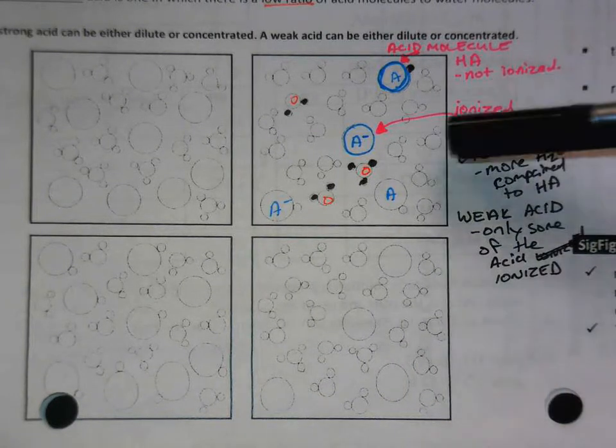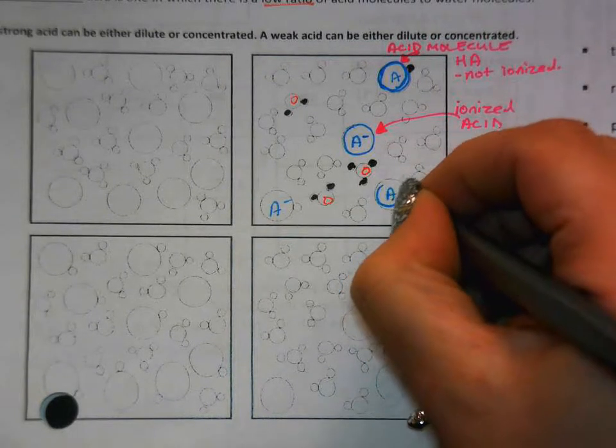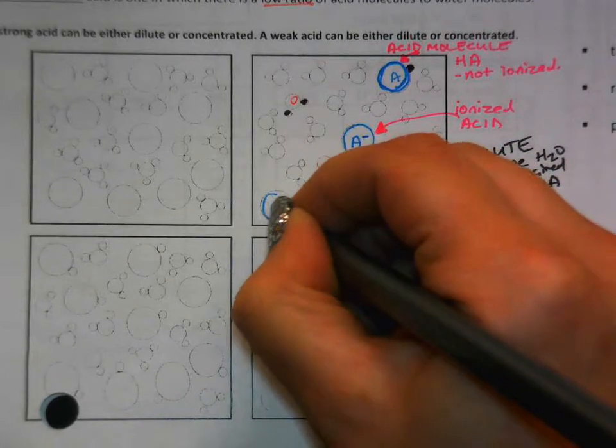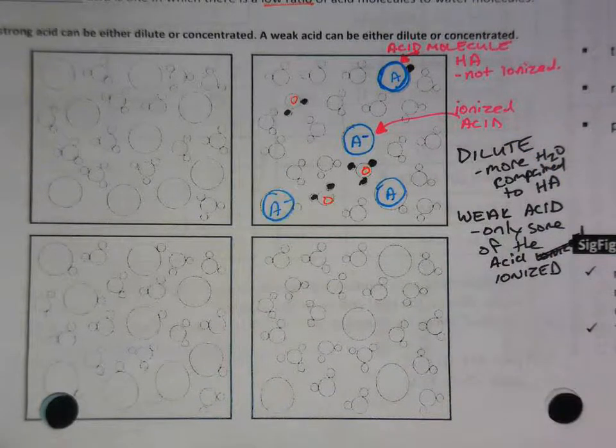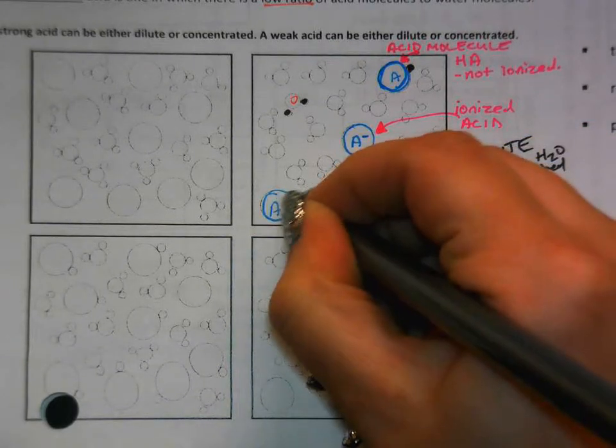This is a dilute weak acid because of the only 4 acid molecules that were put into this picture, half of them dilute, half of them ionized.